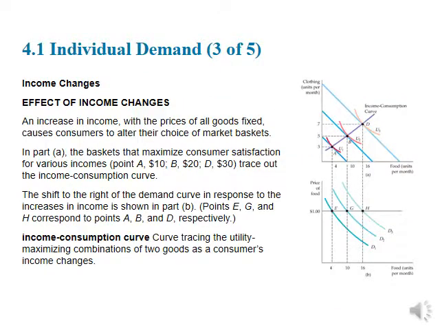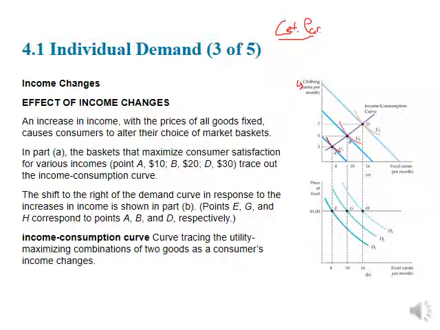So we derived that demand curve using that thought experiment we like so much in econ. Ceteris paribus, all else equal. We held the price of clothing, the other good, fixed. We held our income fixed. But of course, the economy is dynamic, things are always changing. All else is not always equal.